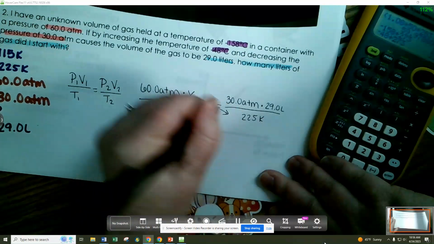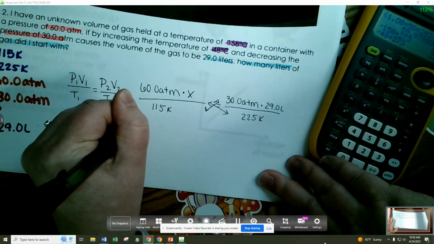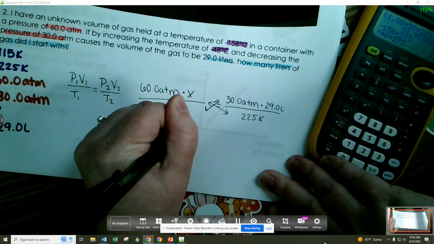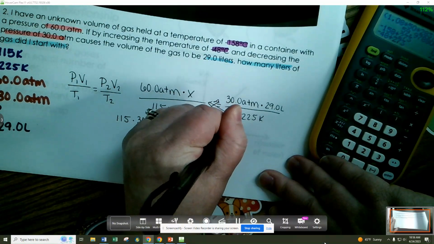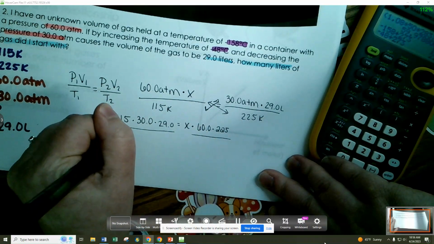Again, we're going to cross multiply to solve, and then to get X on its own, we're going to go through division.